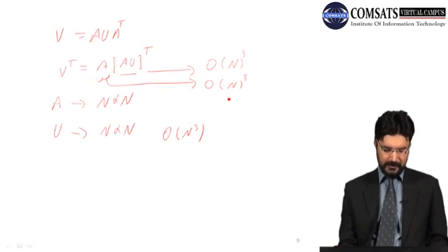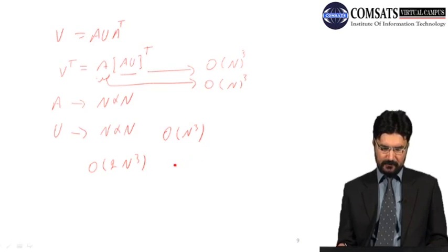So the total number of additions and multiplications that we need is of order 2N cube. And to compare this with the original configuration that is of order N power 4, we have obtained a reduction of the computational complexity by a factor of capital N.